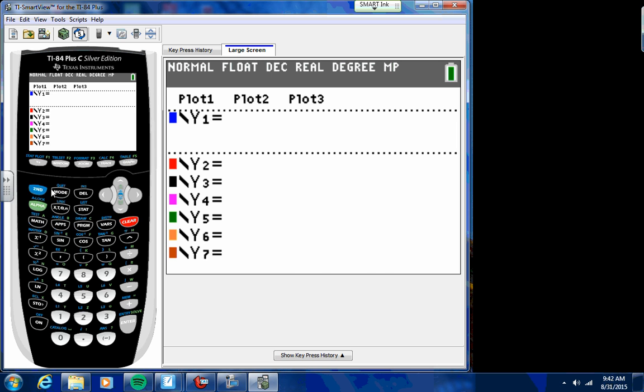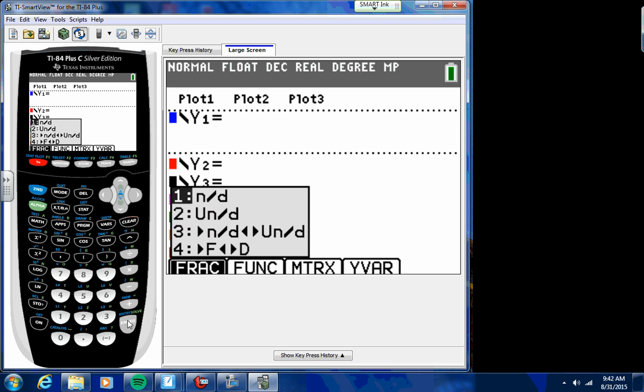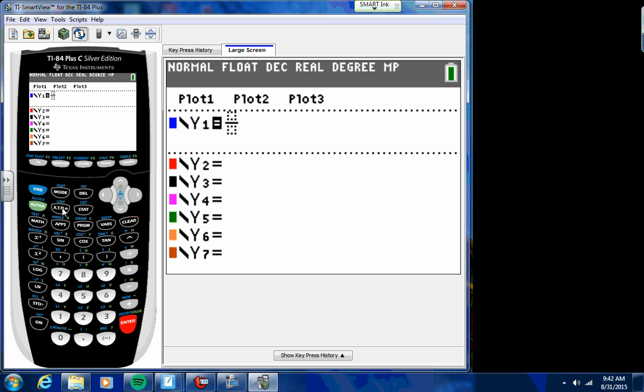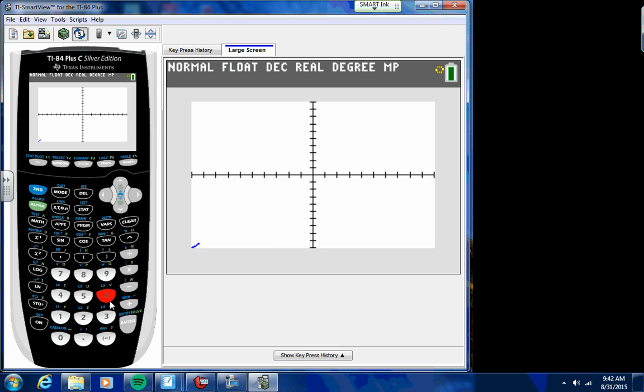X squared plus 2x divided by x plus 2. And we get the same exact graph that's on your notes, correct?